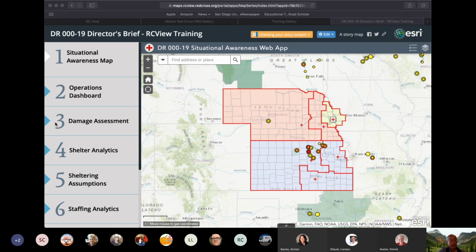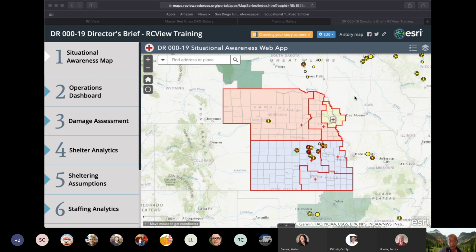Damage assessment might be blank at the very beginning, though you might start off with a broad brush preliminary damage assessment, a PDA map of some sort, to show areas of current or even predicted flooding. Shelter analytics would be present, probably an offshoot of the operations dashboard, and staffing analytics allows you to drill down a little bit more. Some of these may not come online until later in the response phase, but definitely these first two, 1 and 2, would show up first.